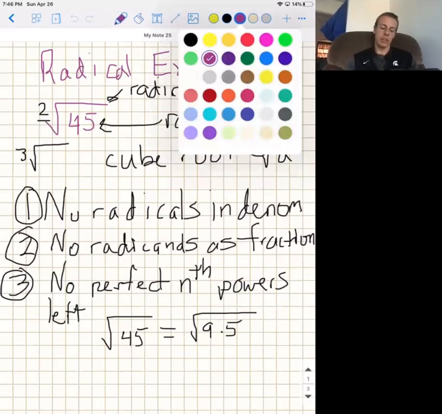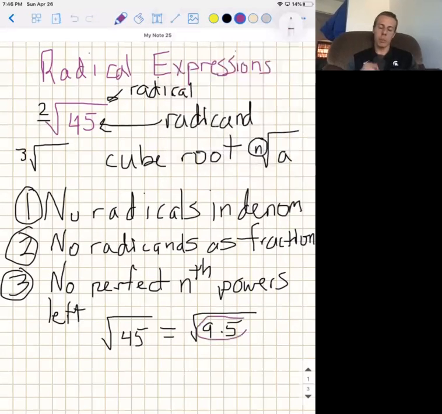But one property of radicals is that you can split it up into the square root of 9 times the square root of 5. We can ask ourselves, what number times itself equals 9? It's 3. Then, is there any number times itself that equals 5? The answer is no, so we're just going to leave that alone.